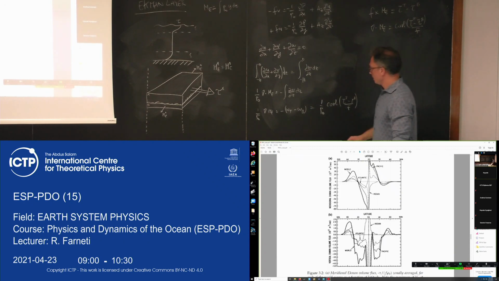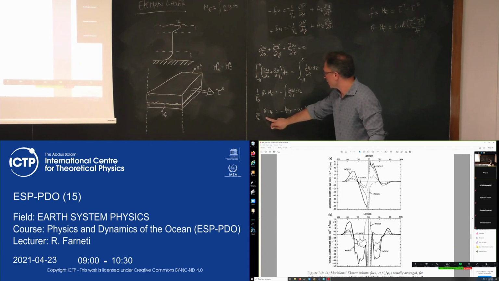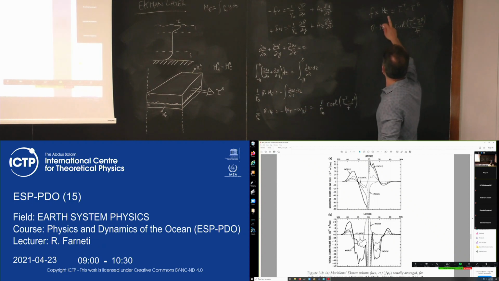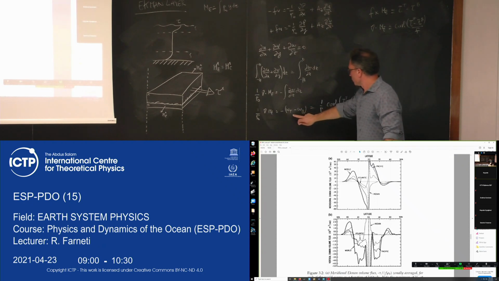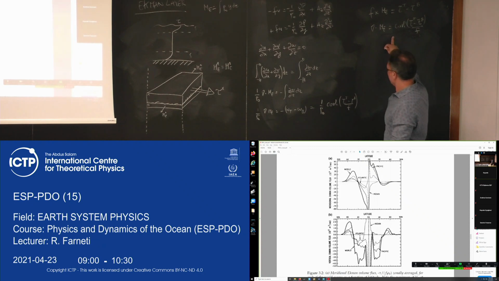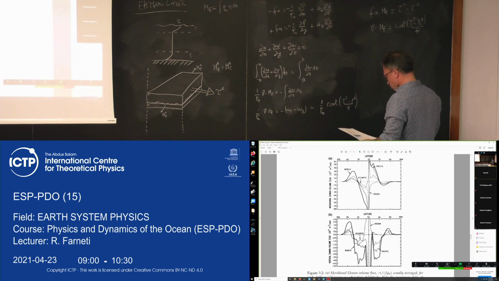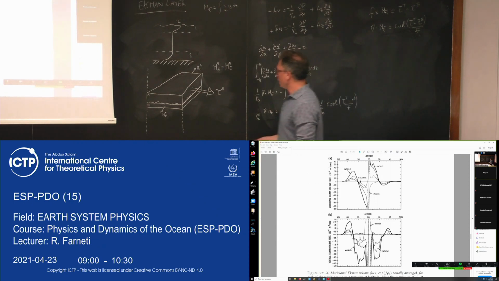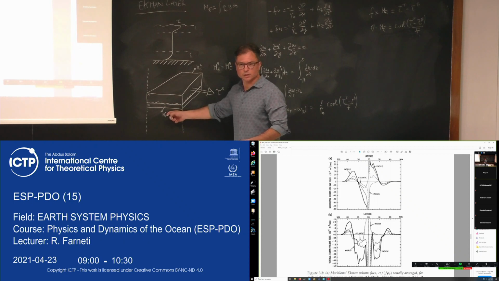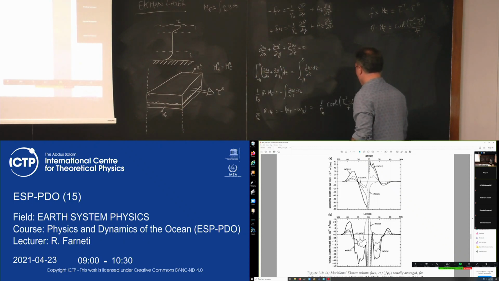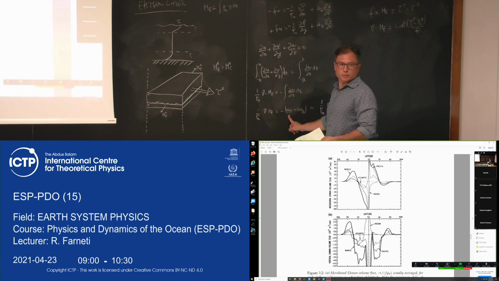Okay. This is the continuity equation, but then this, the divergence of the mass flux, is equal to this, the curl of tau over f. So this continuity is also equal to this. Okay, and so for a top Ekman layer in the ocean, vertical velocity at the top is equal to 0.